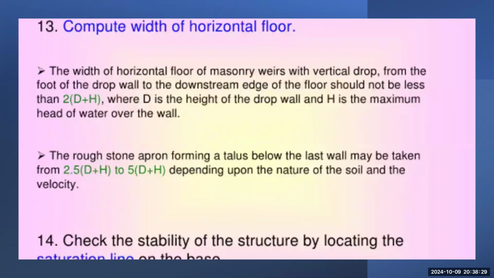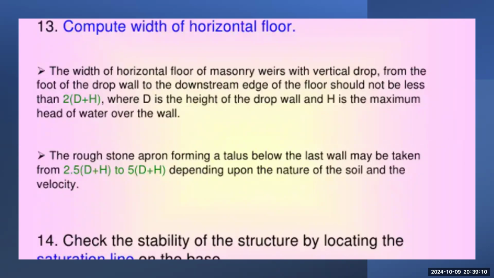When this water overflows over the broad-crested weir, it falls at the foot of the weir, and at that point, erosion is possible. So there is a need to construct a horizontal floor and compute its width. The width of the horizontal floor on the downstream side is taken as 2 times (d plus h), where d is the height of the drop wall, that is the vertical drop, and h is the maximum head of water over that weir wall.